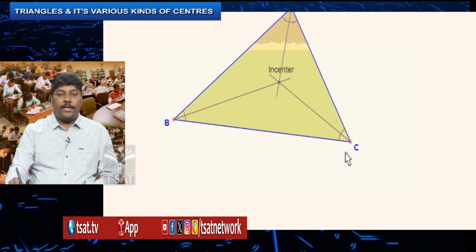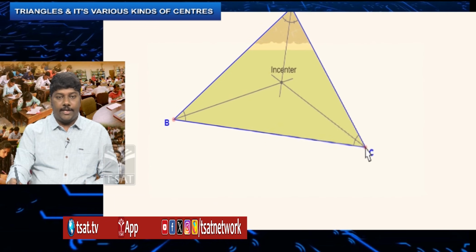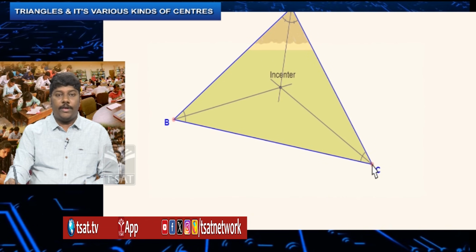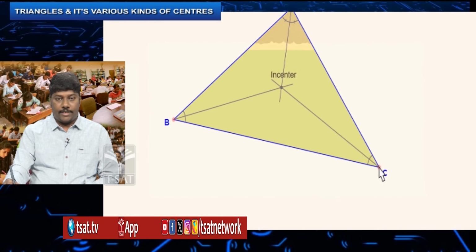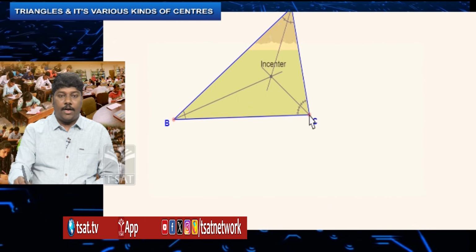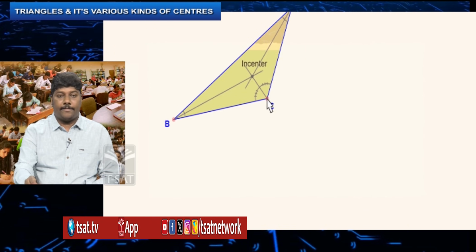Now here these are 3 angular bisectors. The intersection point is the incenter. The incenter is always equidistant from the sides. Here for an obtuse angle triangle, the incenter stays inside.